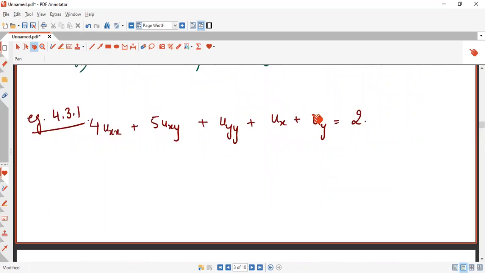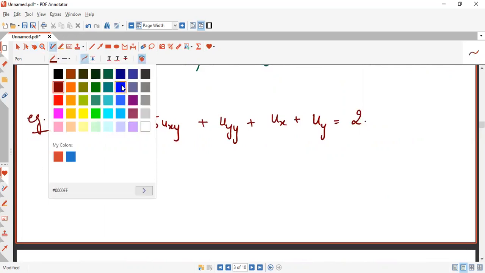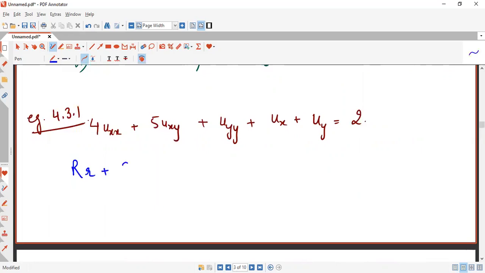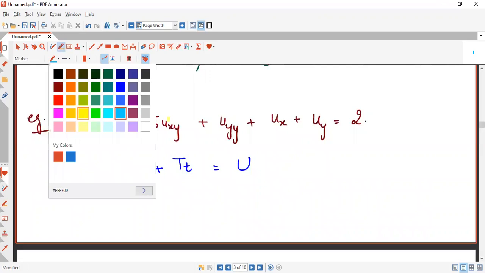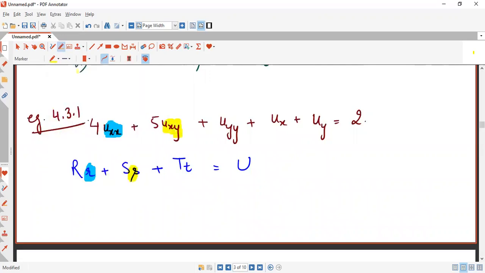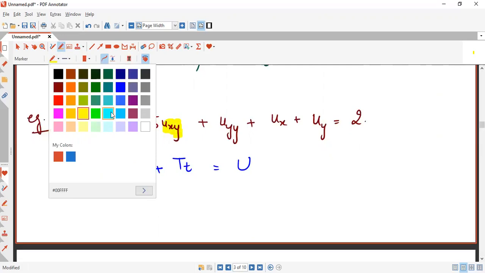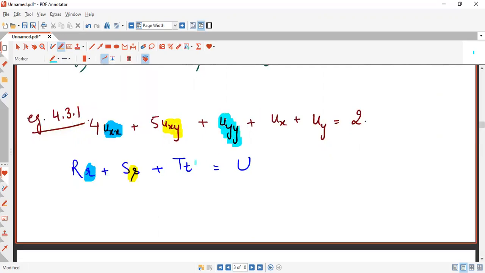Now we have to look at the equation R r plus S s plus T t. Correct? What is r, what is s, what is t over here? Check. The small r was uxx, this small s was uxy, and this uyy is small t.